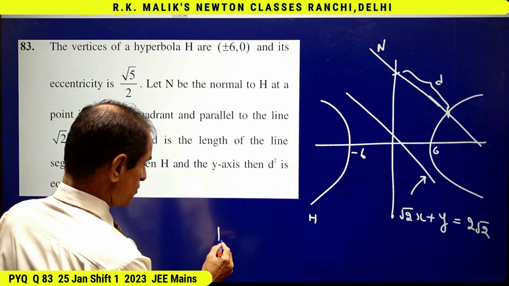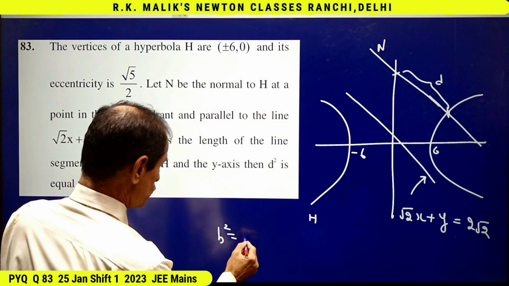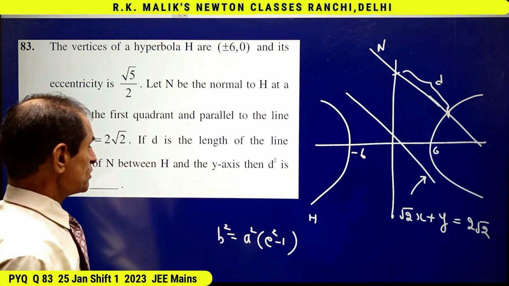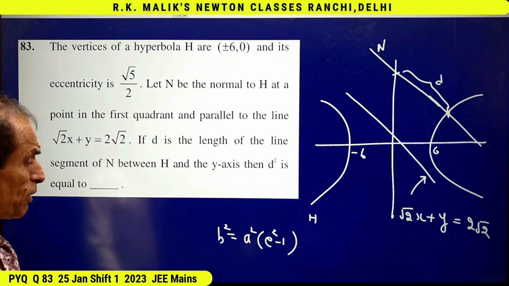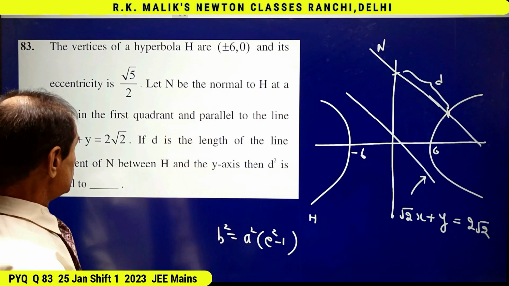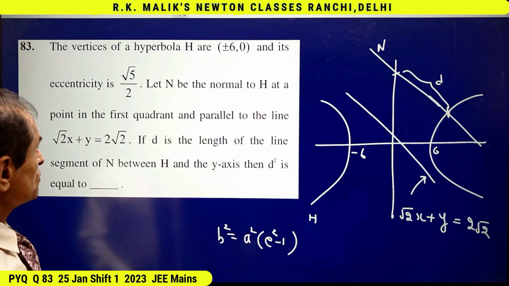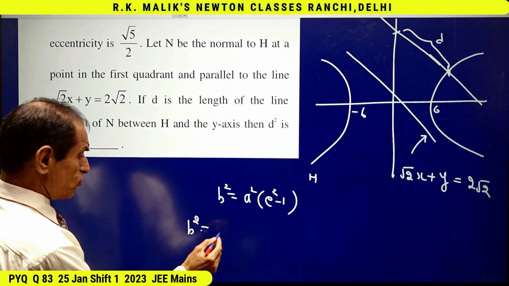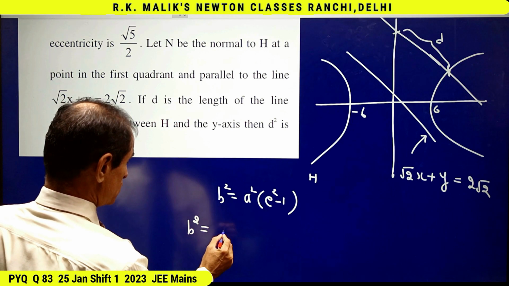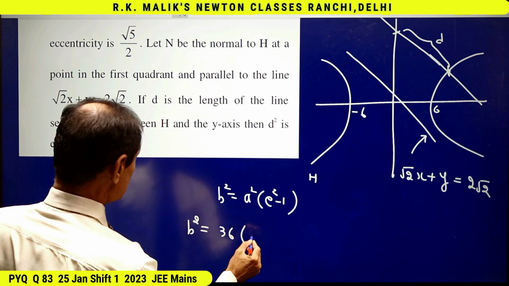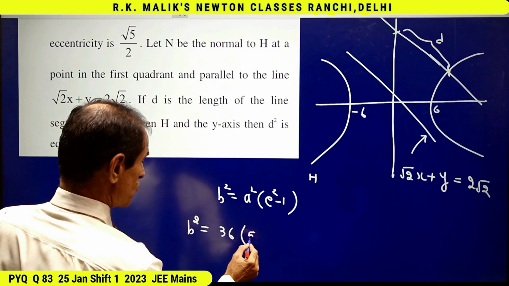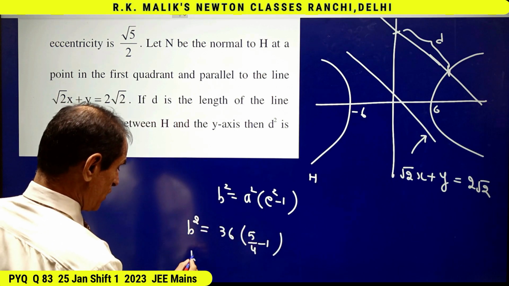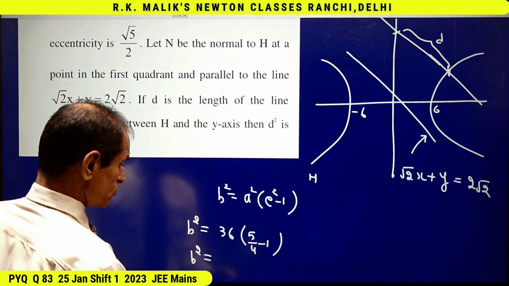Because we know that b square is equal to a square into e square minus 1 for any hyperbola, and a is 6 given to you, e is root 5 by 2 given to you, hence we get b square equal to 36 into 5 by 4 minus 1, that is b square is equal to 9.